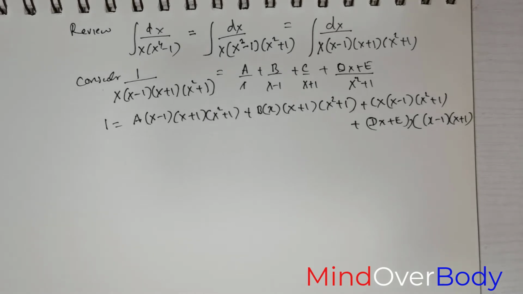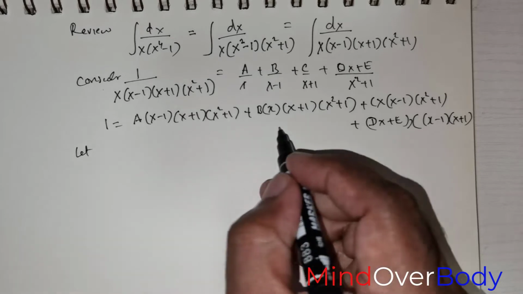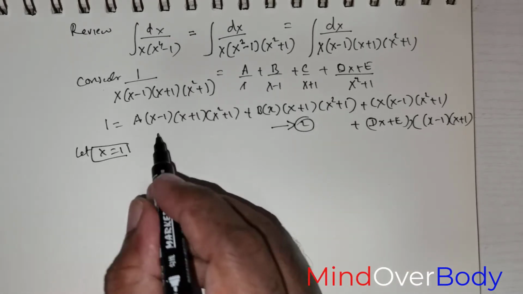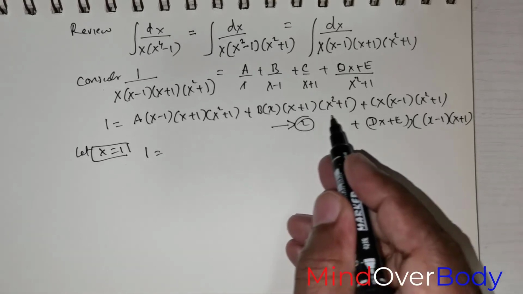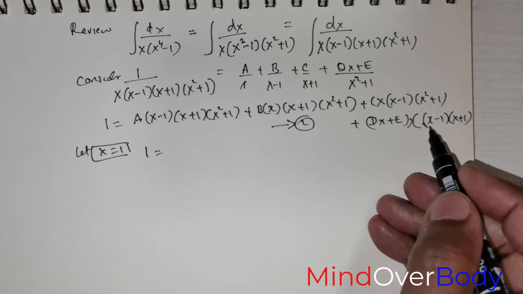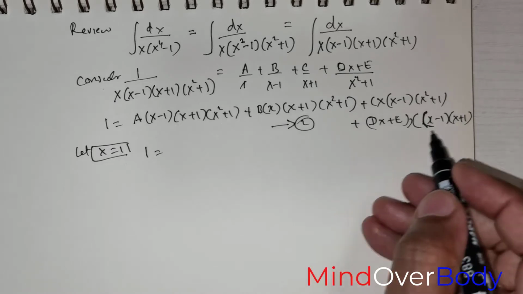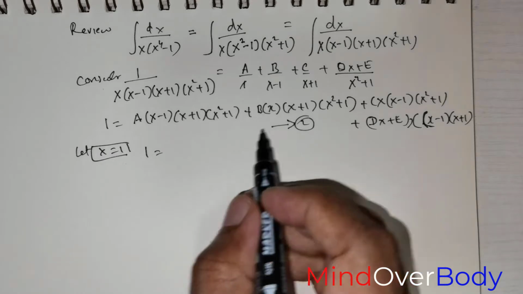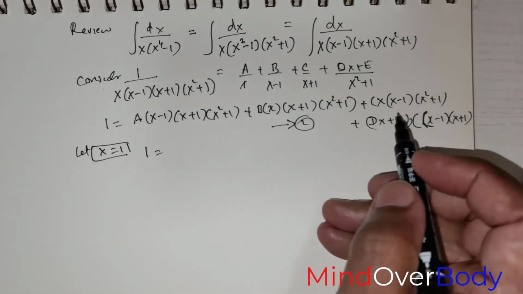Let me just take this as equation 2. Now let x be equal to 1. If I take x equal to 1, this term is 0, this is 0, and this will also be 0, because x is equal to 1. What remains is the term involving b alone.